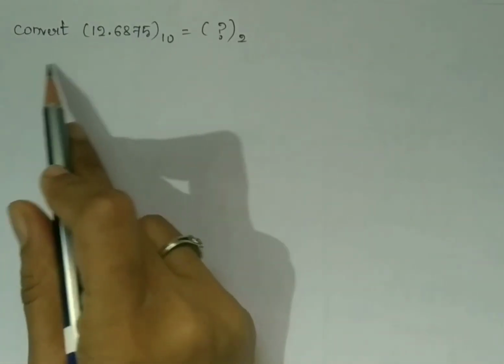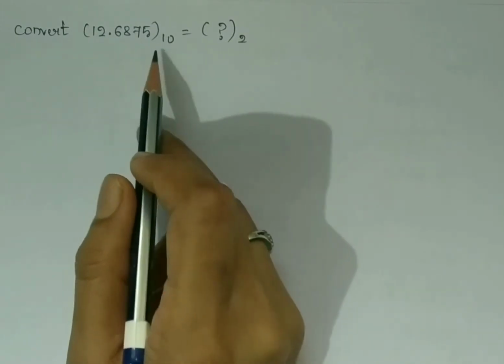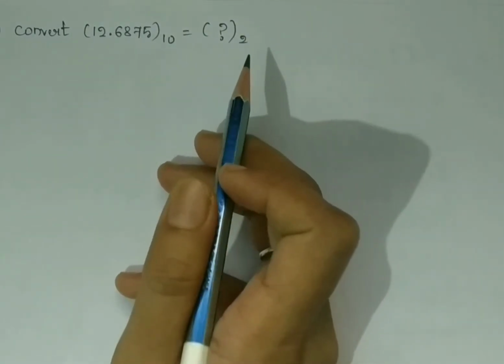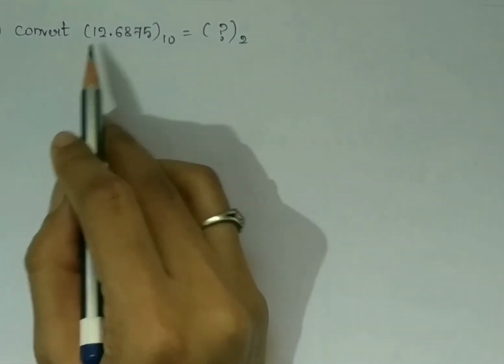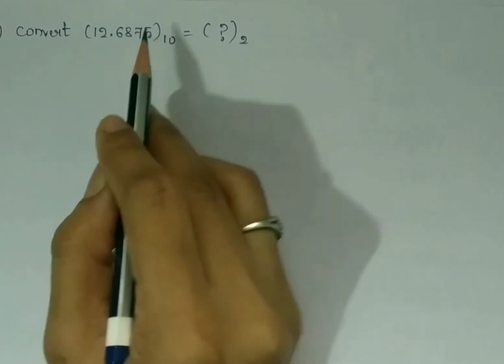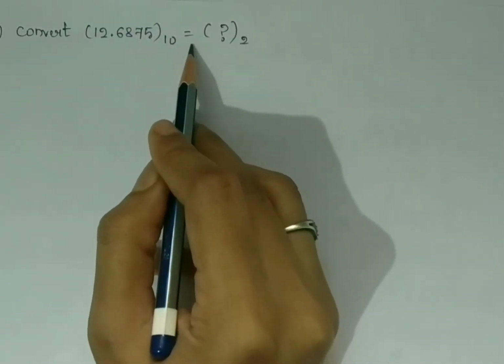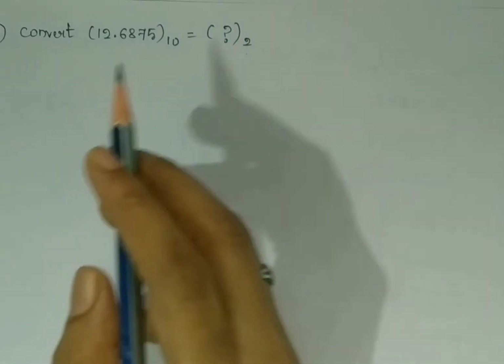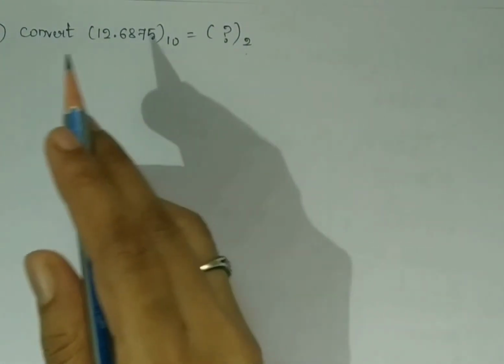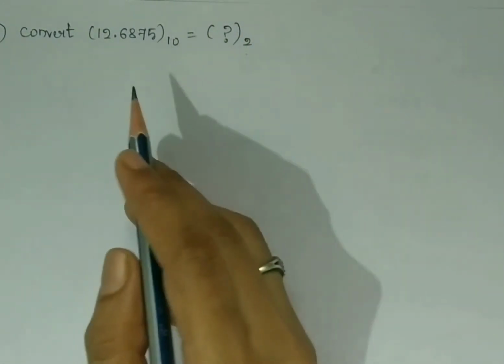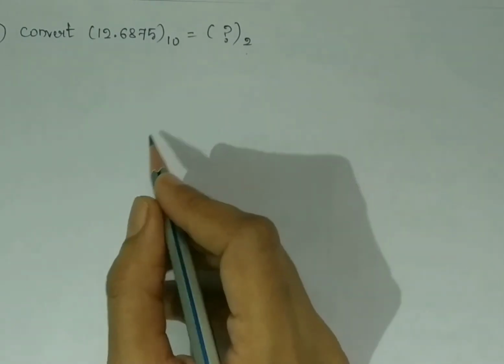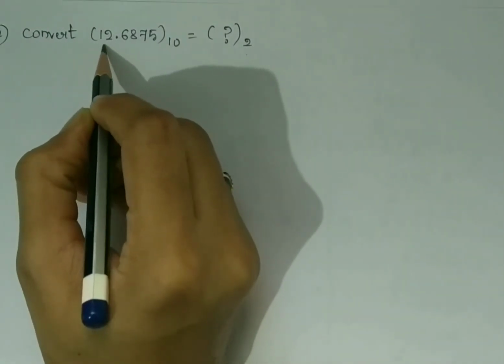Let's take another example to convert decimal fraction to binary number. Convert 12.6875 to the base 10. Its equivalent binary number. Follow the previous 3 steps and convert this decimal fraction to binary number. So here you have to separate.